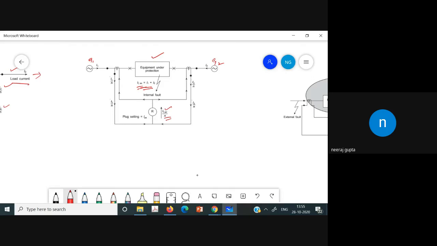So, assuming this spill current is greater than the plug setting of the overcurrent relay, the relay will operate and trip the circuit breaker on either side of the equipment, that is this one and this one. So this is how it will work in the doubly end fed system during the internal fault condition.